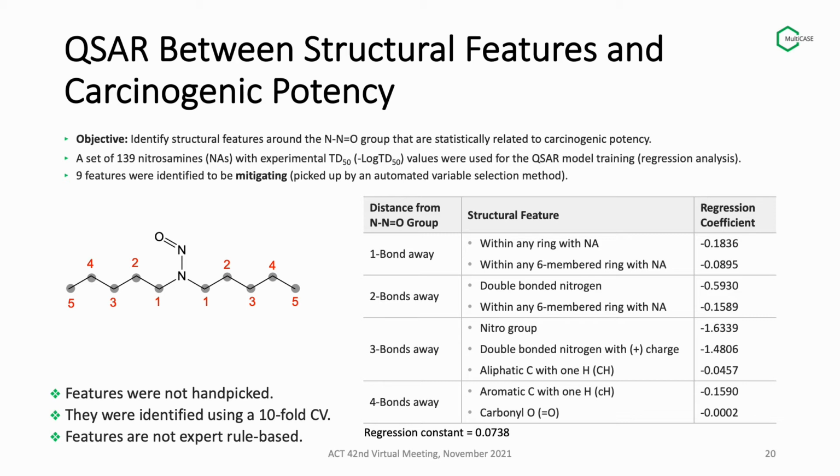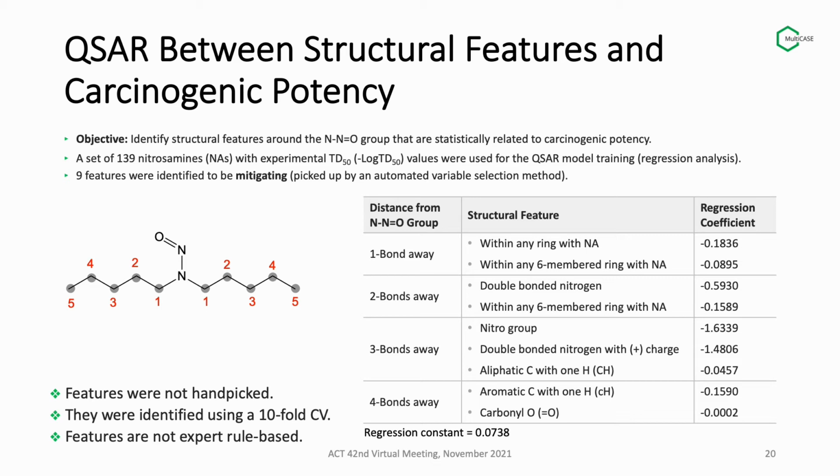Those features are listed in the table on the right side of the slide, and as you can see, the regression coefficients of all these 9 features are negative. That means they are all mitigating features, that is, they reduce the potency of the nitrosamine functionality.